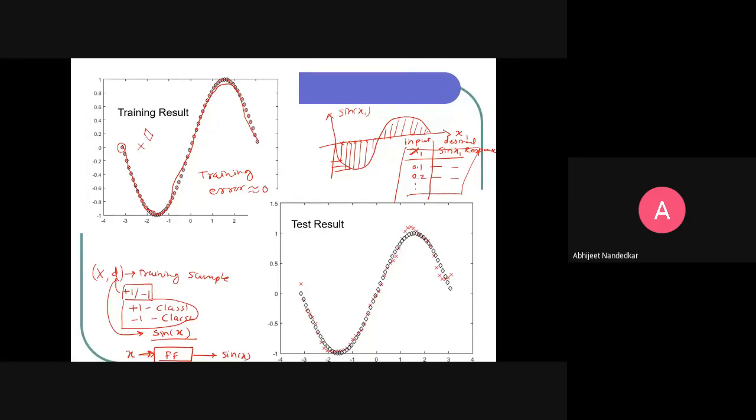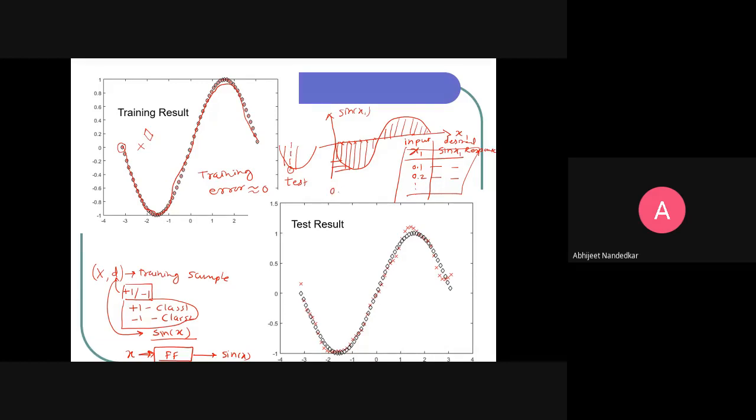Now in the next step, what we are going to do is take a sample which was not shown to the network during training. Suppose this is my sine wave and I took these two samples, then intentionally I will choose this middle value for test purposes.